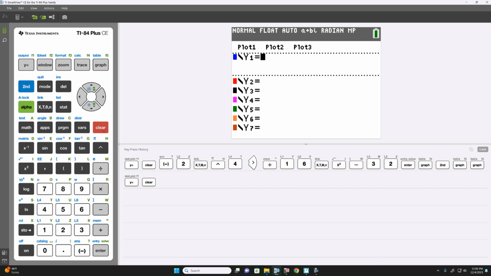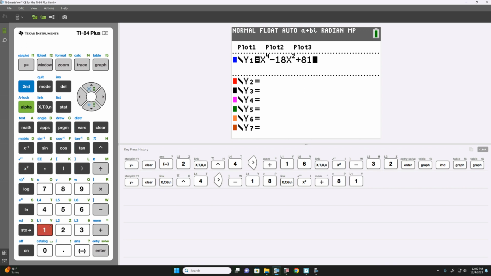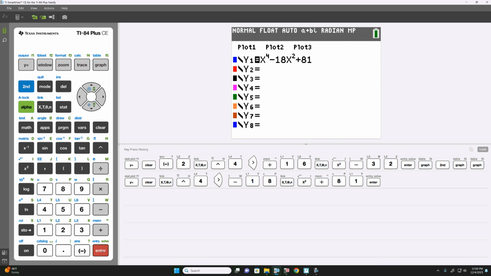So the first thing we want to type in is x to the 4th. So x caret 4, x, our exponent key 4, minus 18x squared plus 81. Questions on how we type this in?